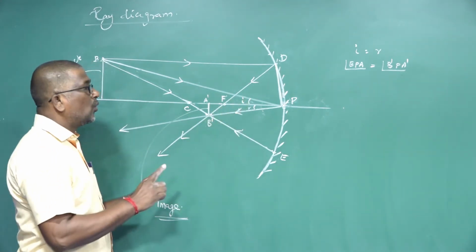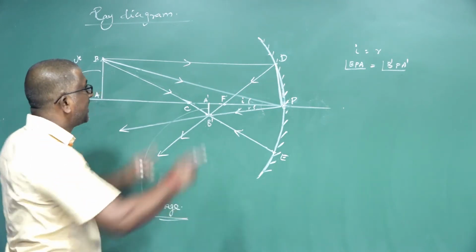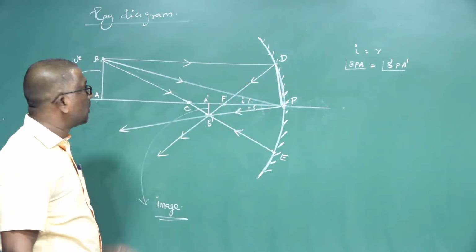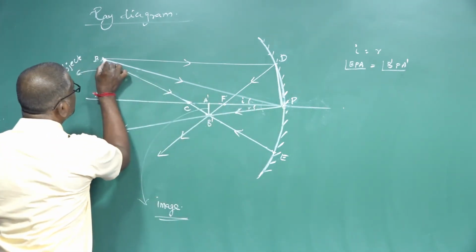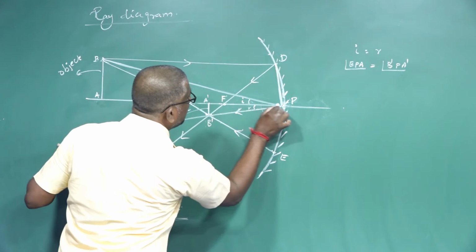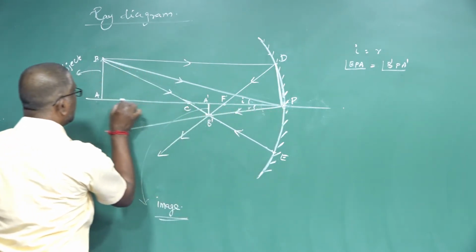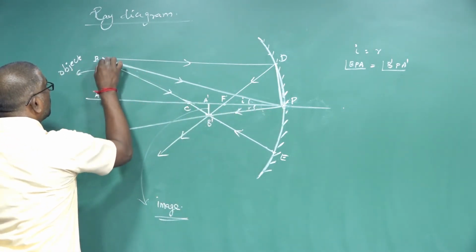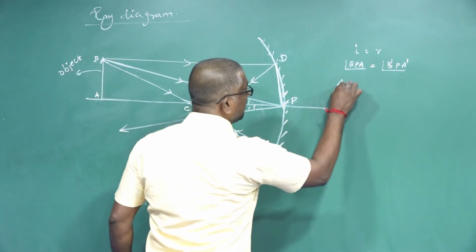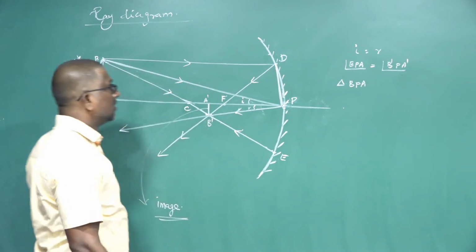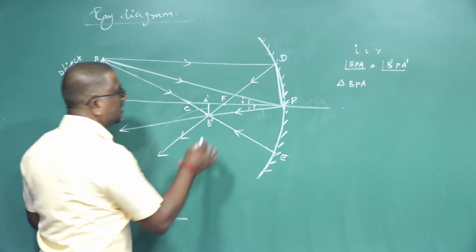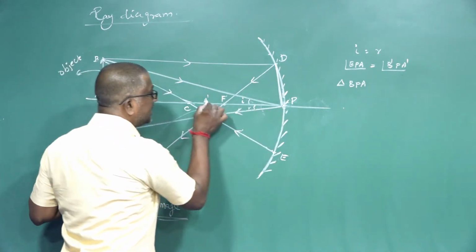Now we consider two right angle triangles in this ray diagram. One of the right angle triangles is BPA, and the other right angle triangle is B dash P A dash.